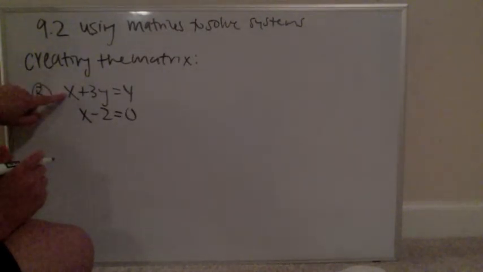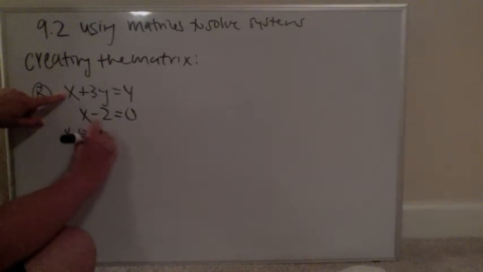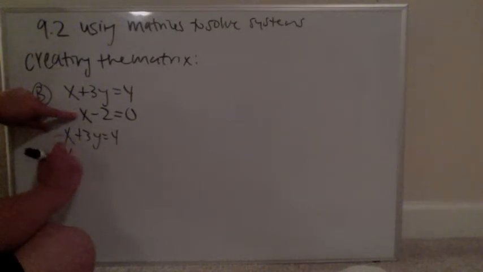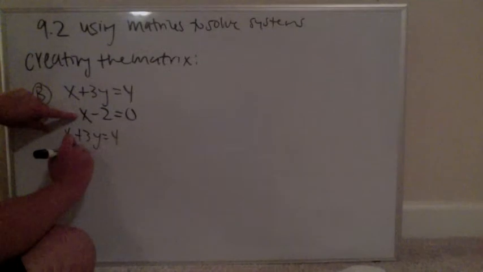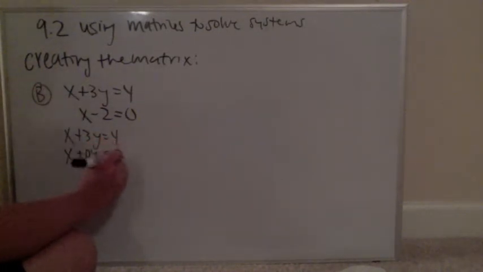So this top one will stay the same, x plus 3y equals 4. But down here I'll keep x, since there is no y, I'll have to add in my own, plus 0y, and then I'll add the 2 to the other side.